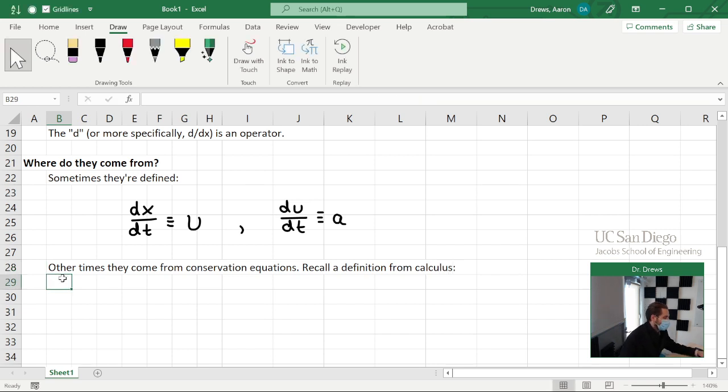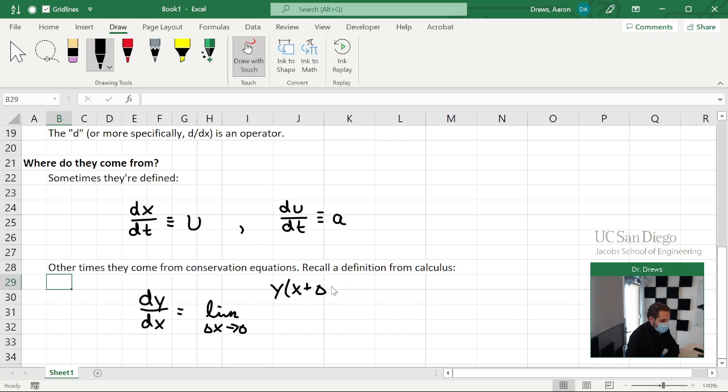Probably you wouldn't have gotten to it in pre-calc, but I'm guessing one of the very first days in Calc 1, you would have learned the definition of a derivative, which would look something like dy/dx is equal to the limit as a little bit of x, let's say delta x, goes to 0, of y evaluated at x plus delta x, minus y evaluated at x, all of that divided by delta x.